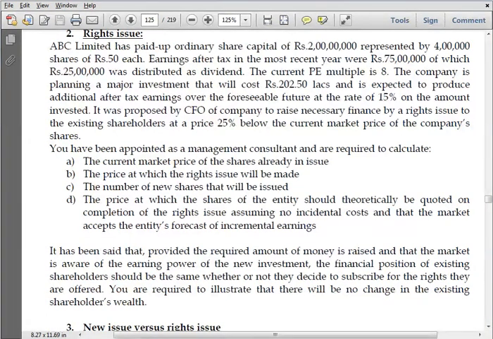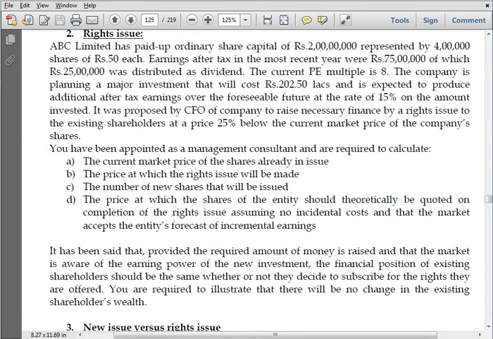What is the outflow for the project? 202.5. The present value of inflow is this, 202.5 into 15% into 8. That is what the market is going to value it at in some time. Why into 15%? Because they are going to earn 15% into 8 P/E multiple.